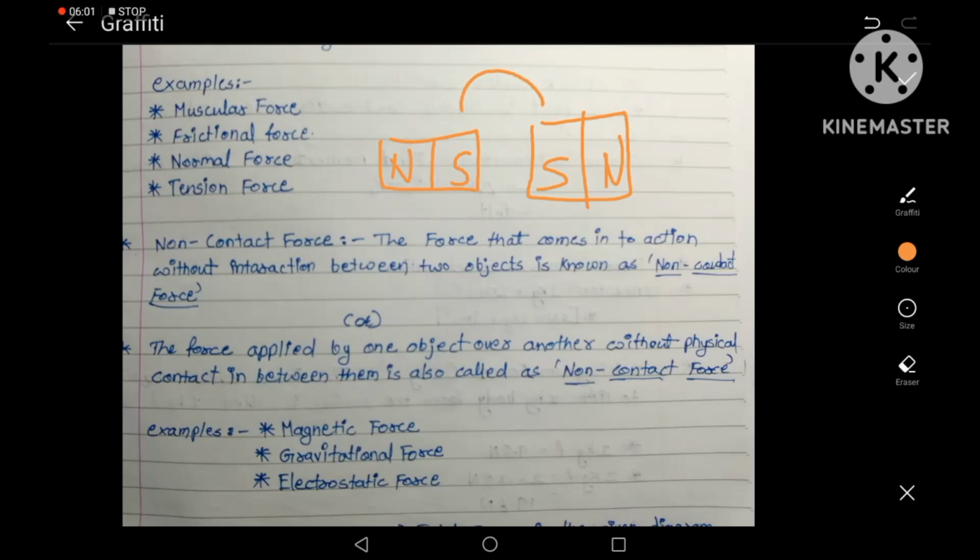If you push this magnet forward, by the repulsion the other magnet will move forward. So this is an example of non-contact force. Here, no interaction between these two magnets is done. You are clearly seeing that there is a lot of space between them.